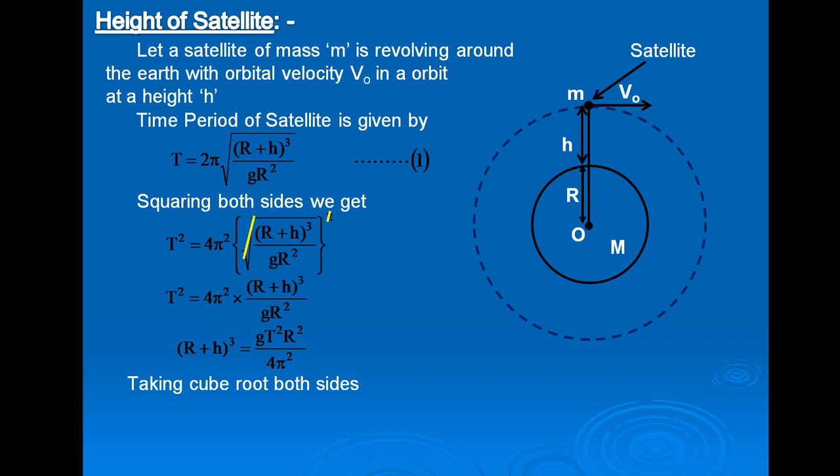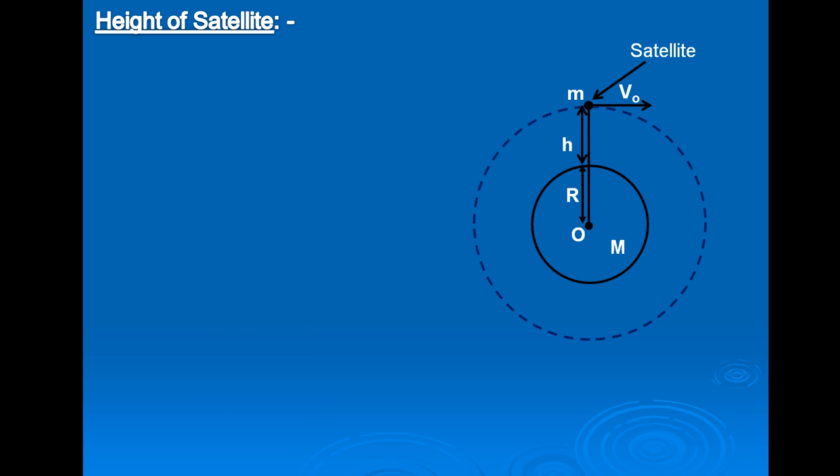So to remove the cube, taking cube root on both sides, we get R plus h is equal to (g T square R square upon 4 pi square) whole power 1 by 3.